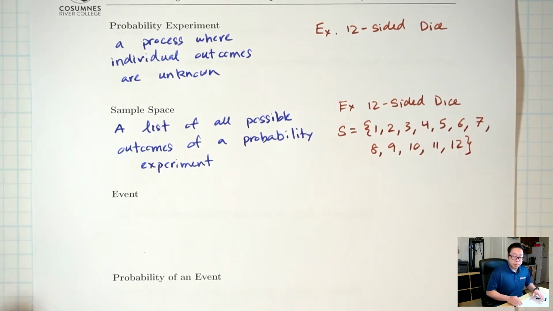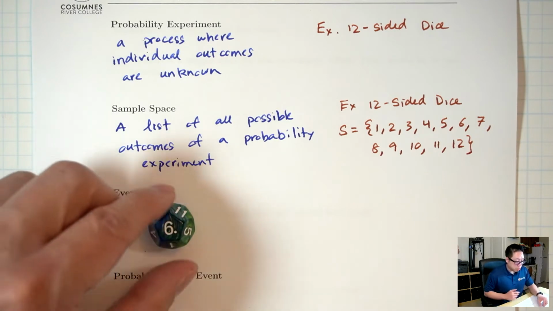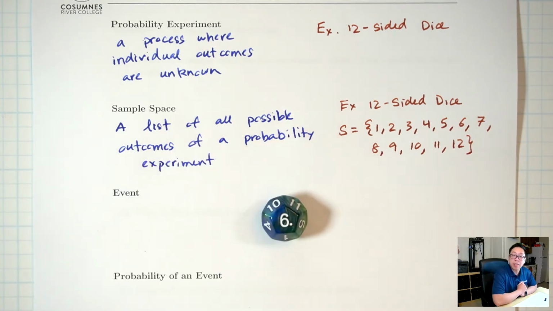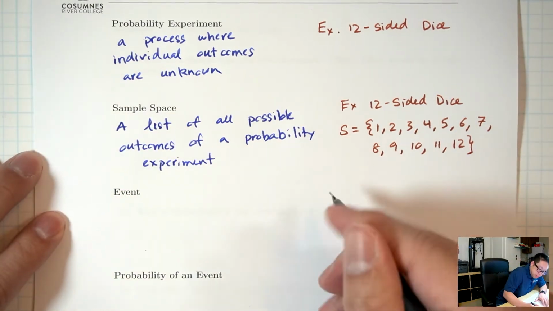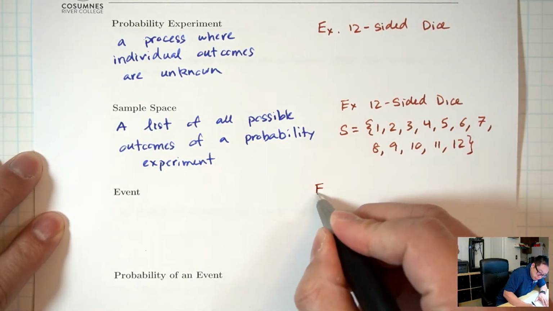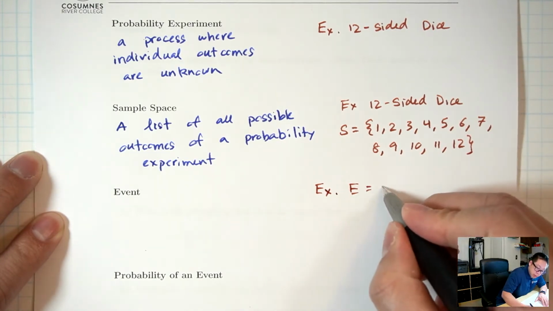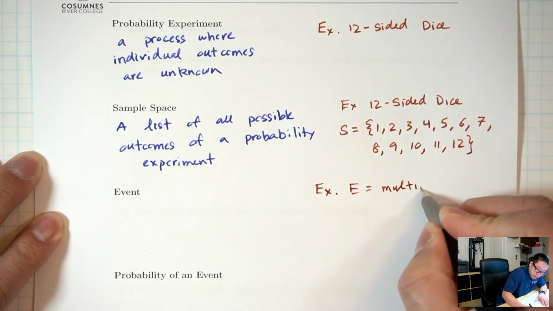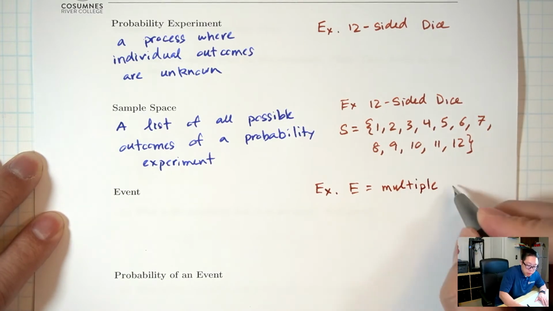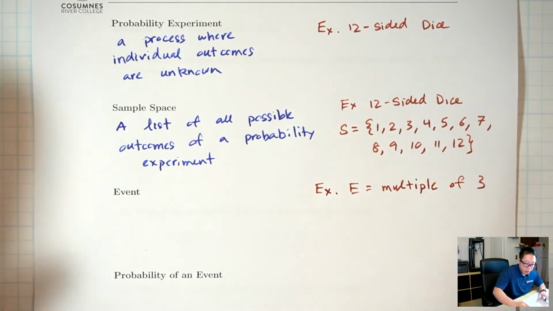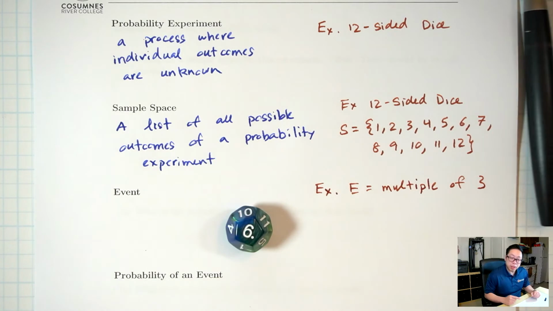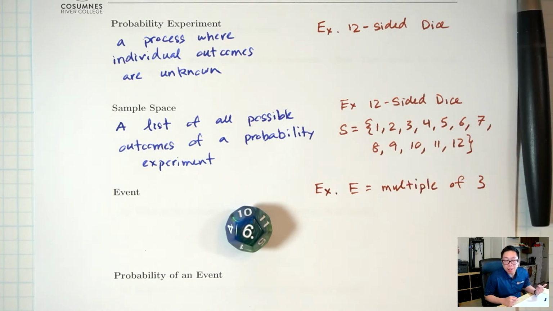An event. Okay, so when I talk about an event, I could talk about what's the probability that I get a 6 when I roll this dice. But I could also talk about things like rolling a multiple of 3. Right, so when we say a multiple of 3, it could mean a 3, it could mean a 6, it could mean a 9, it could mean a 12, right?